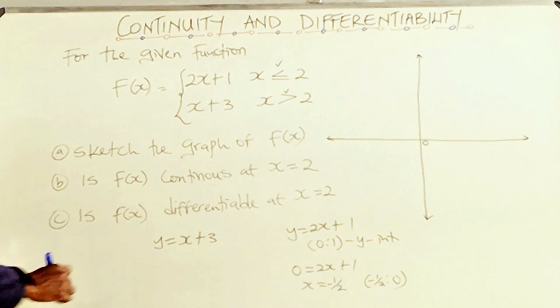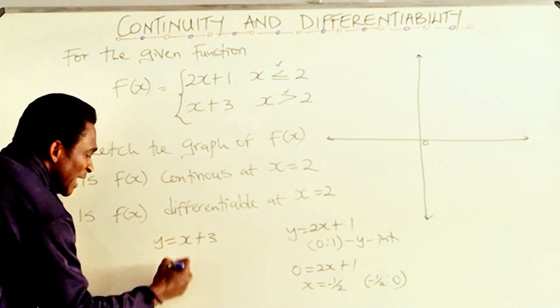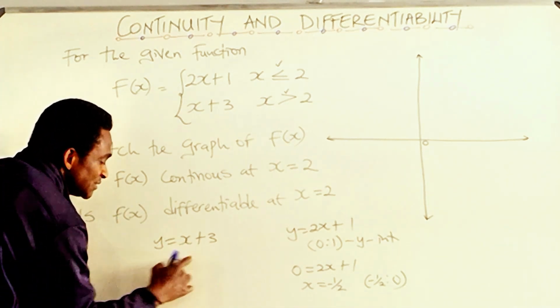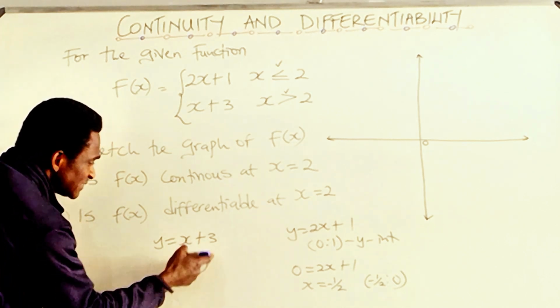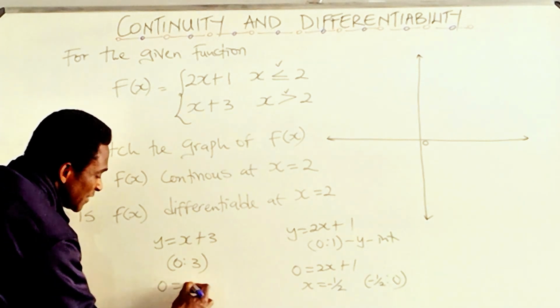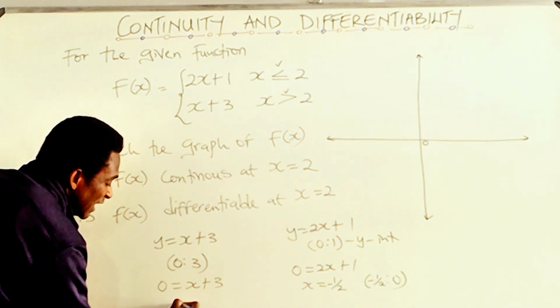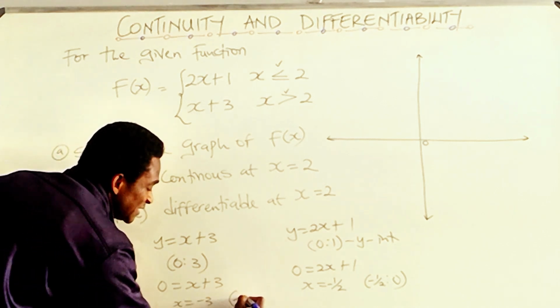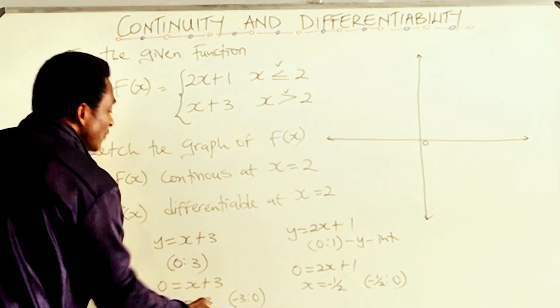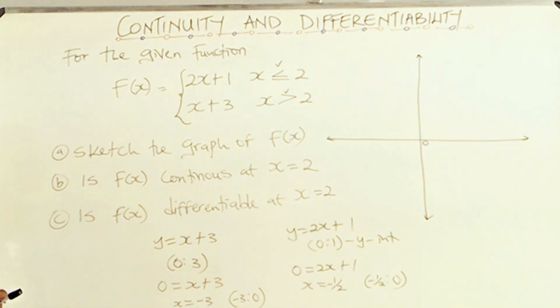Now the second one: my y-intercept is 0 and 3. And my x-intercept, if I make y 0, I have x plus 3, I will have x equals negative 3. So my x-intercept will be negative 3 and 0. With these two, I can sketch both graphs.